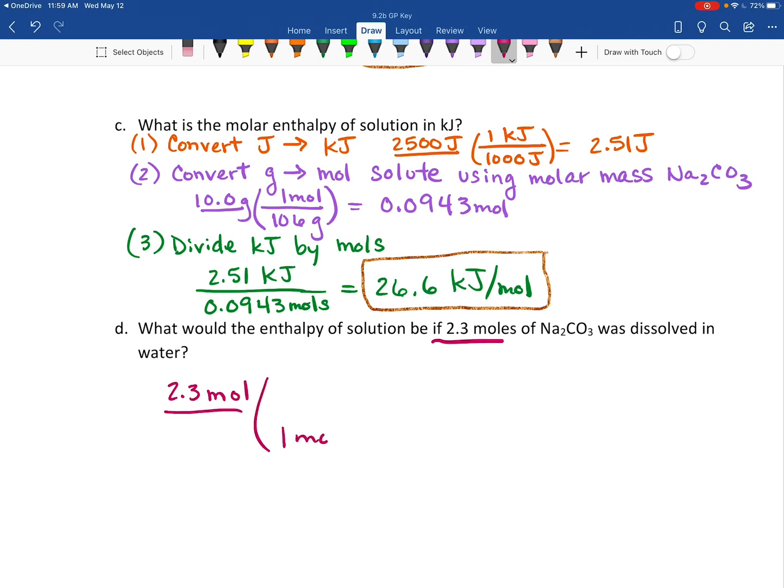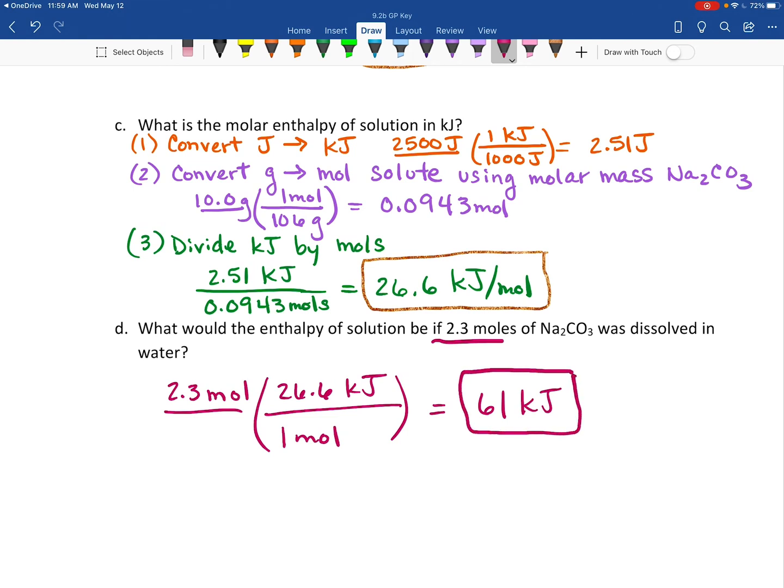We know that for every 1 mole, there was 26.6 kilojoules. So 2.3 times 26.6, and we get 62, but with 2 sig figs we'll round to 61 kilojoules if we started with 2.3 moles. I hope that was helpful.